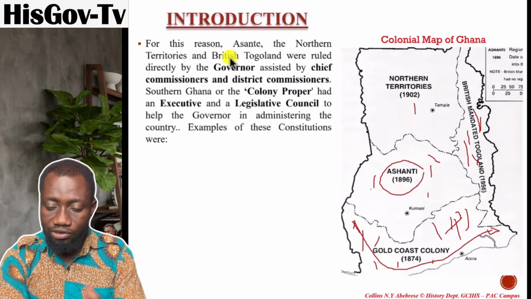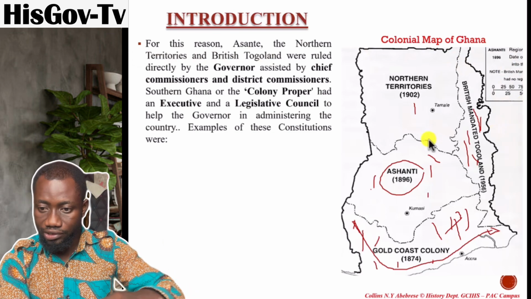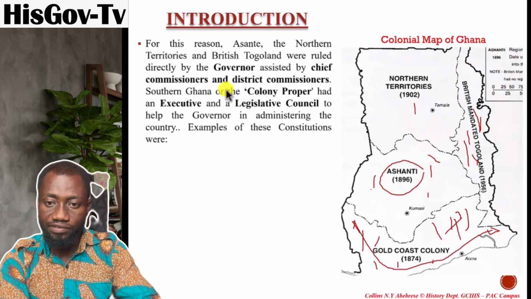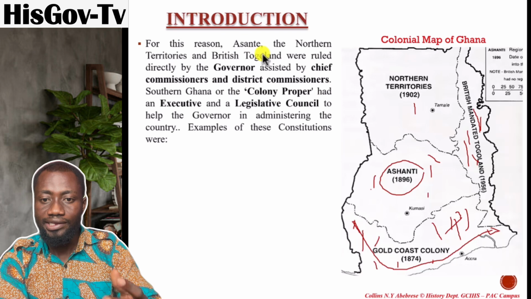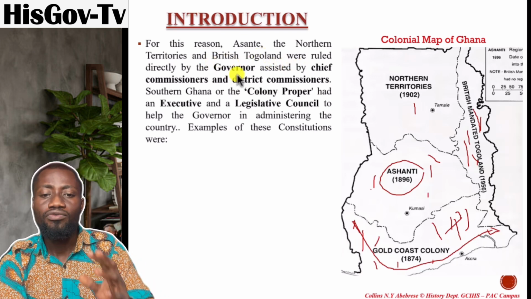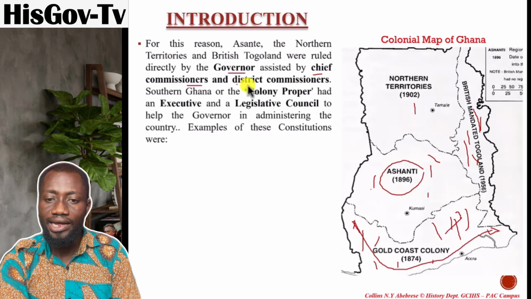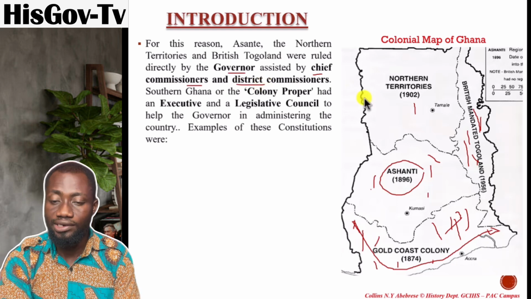Now, because these areas or these territories were ruled differently. For instance, Asante and the Northern Territories and the British Togoland were ruled directly by the governor, and the governor was assisted by the chief commissioner and the district commissioners.